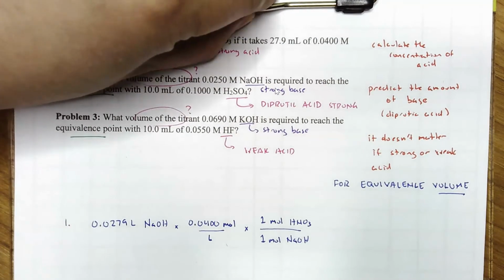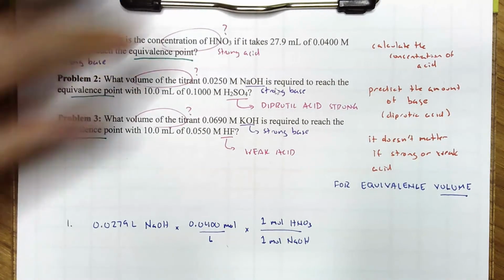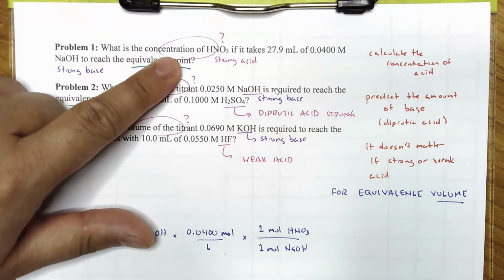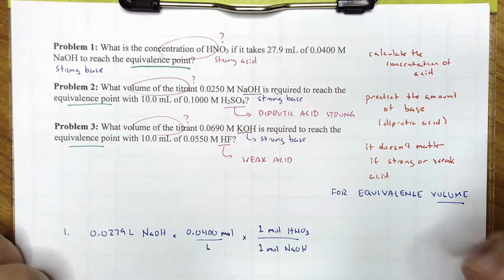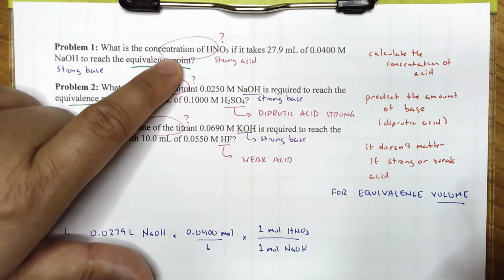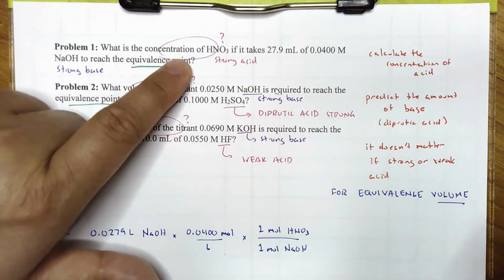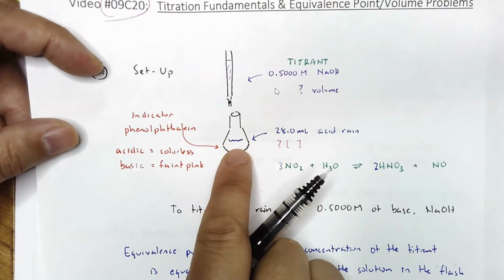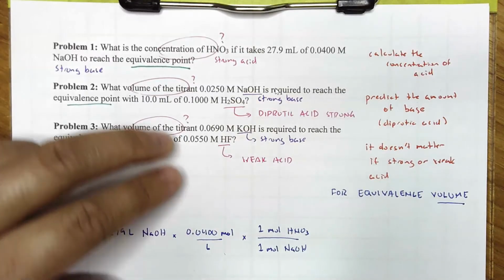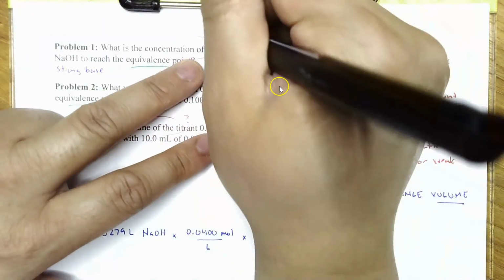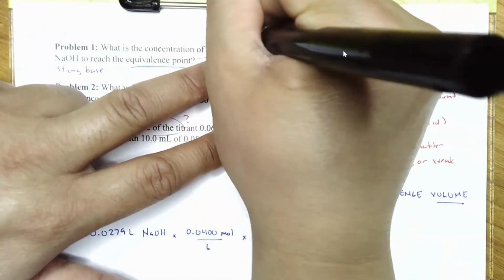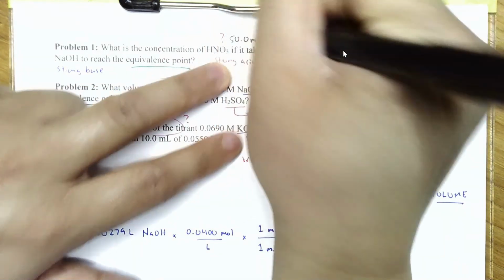Oh my goodness, I've never told you how much HNO3 we have. That is a huge mistake, because we would know the amount of the acid in the flask. So let me put here 50.0 milliliters. My bad.